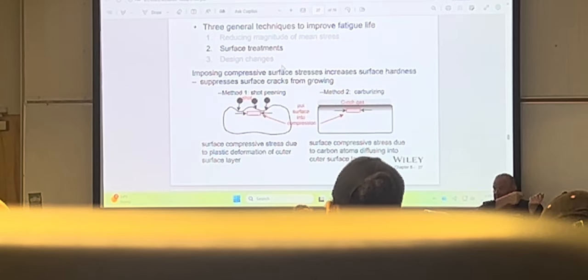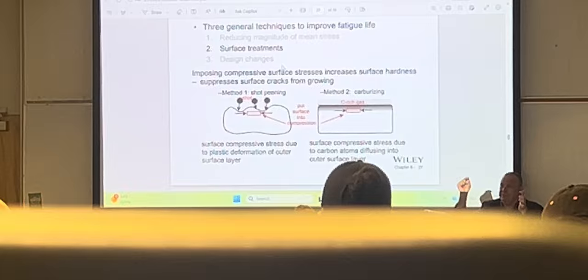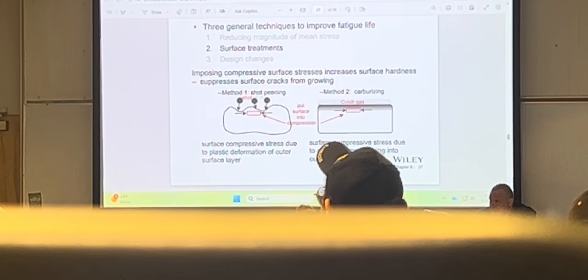It's literally like shooting those balls at the surface of your metal. And every time a ball impacts the surface, it makes an indent. Obviously it happens on a very large scale, with a lot of those balls. This is called shot peening.